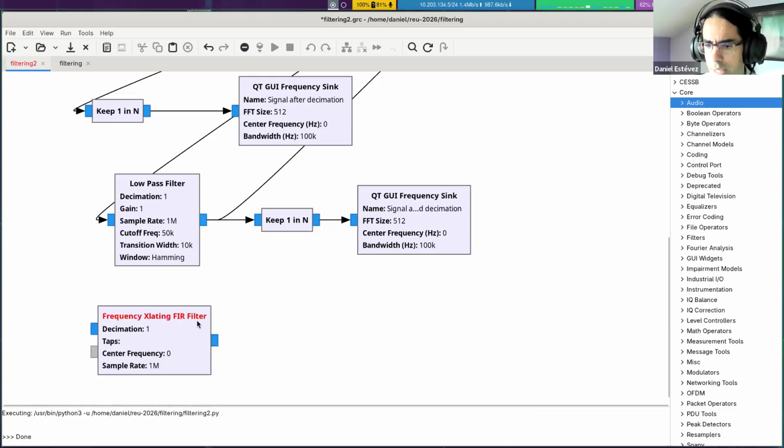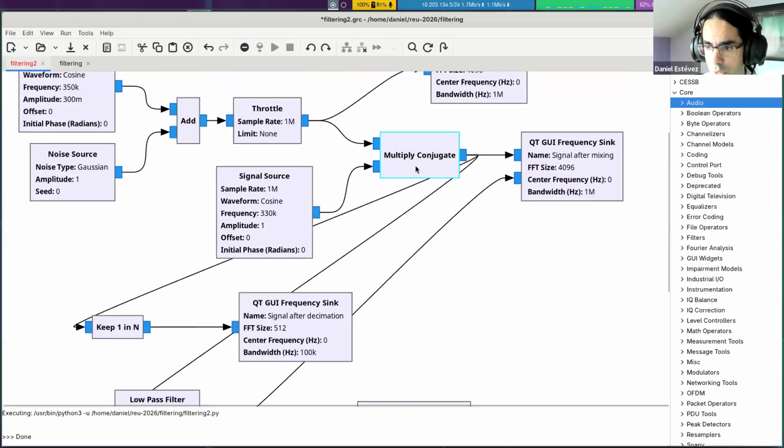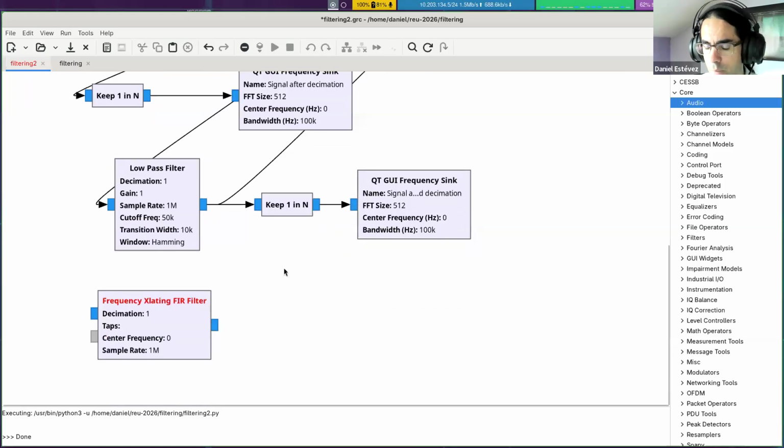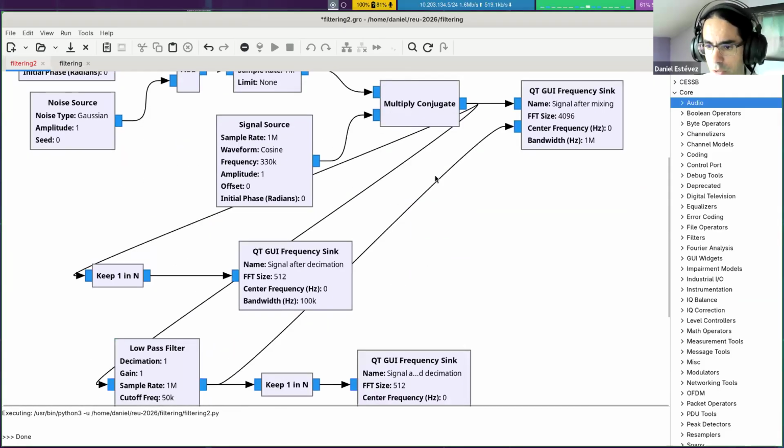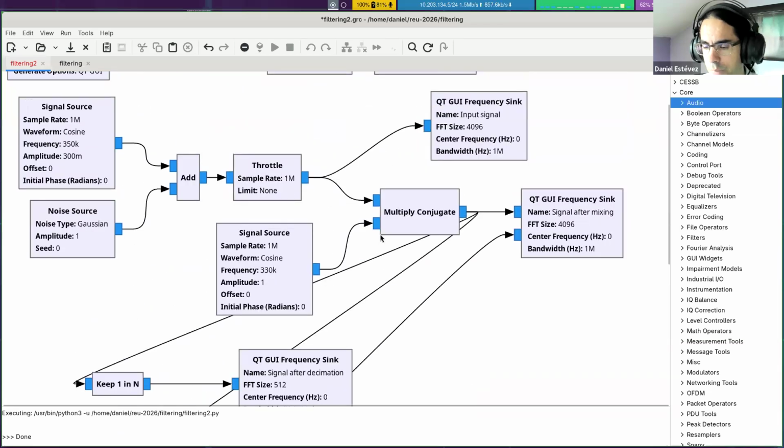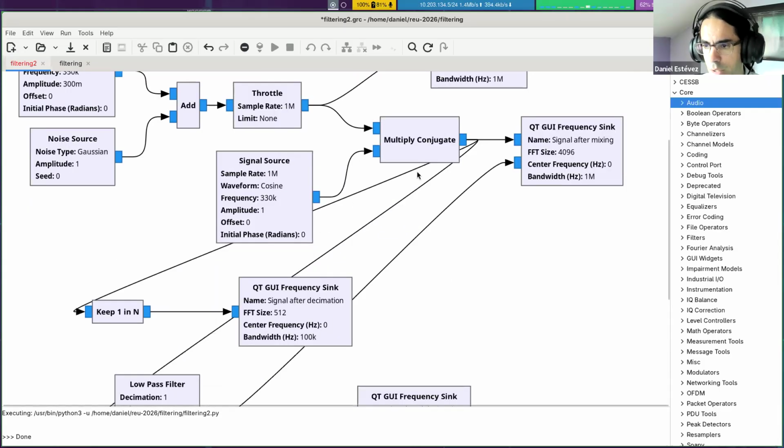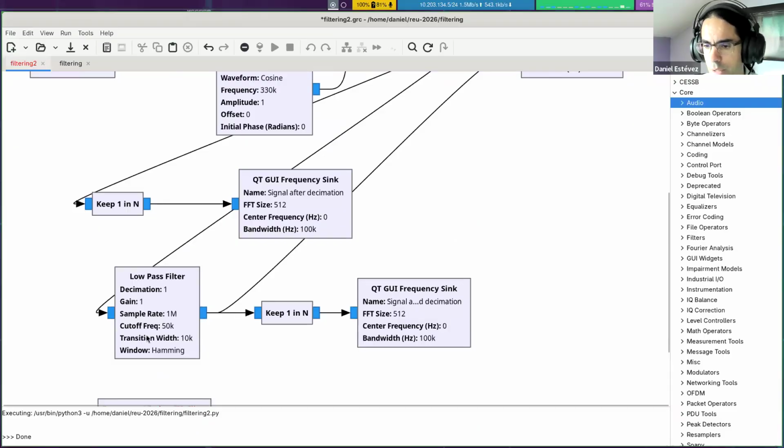And I think I showed that last week. So this block is the combination of this one, this one, this one, and this one. And it's actually doing some signal processing tricks to do fewer computations than the sequence of blocks, because you can notice that in this multiply conjugate and in this signal source, we are generating data at 1 megasample per second to then apply a low-pass filter and then to throw away 1 in every 10 samples.